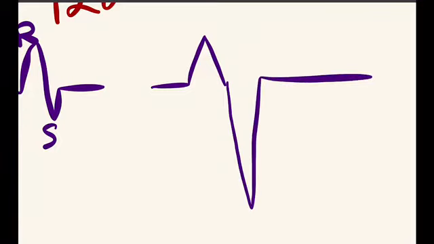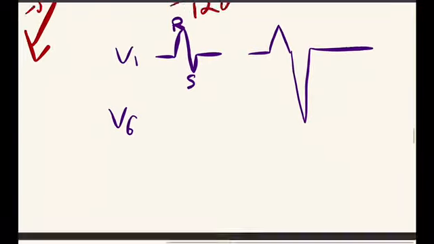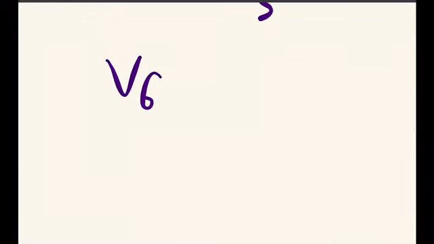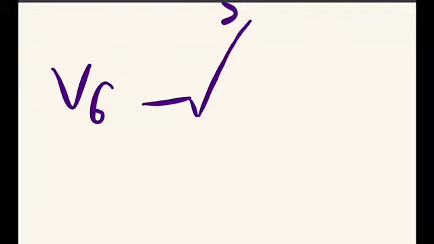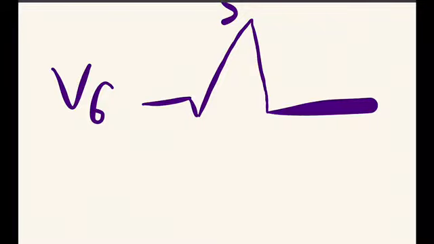Why? Because now the vector is going more towards the left side of the heart. And in V6 we were having a Q wave. The Q wave was because of the septal depolarization, then the R wave because of the left ventricular depolarization, and the normal baseline.